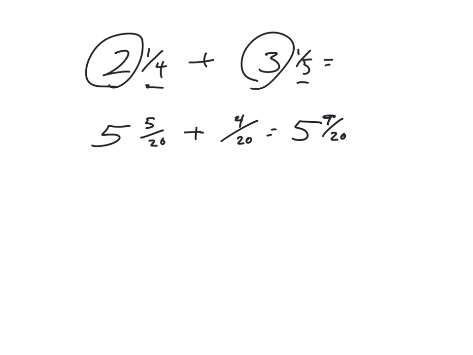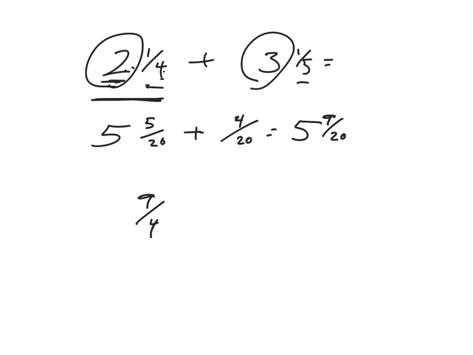Now, here's where some people really like to push themselves. They like to change these mixed numbers into improper fractions. In order to do that, you would take your denominator, fourths, and times it by the whole number. 4 times 2 is 8, plus 1 more fourth is 9/4. We can also get that by saying the number 2 is 4/4 and 4/4, which is 8/4, plus 1 more is 9/4.